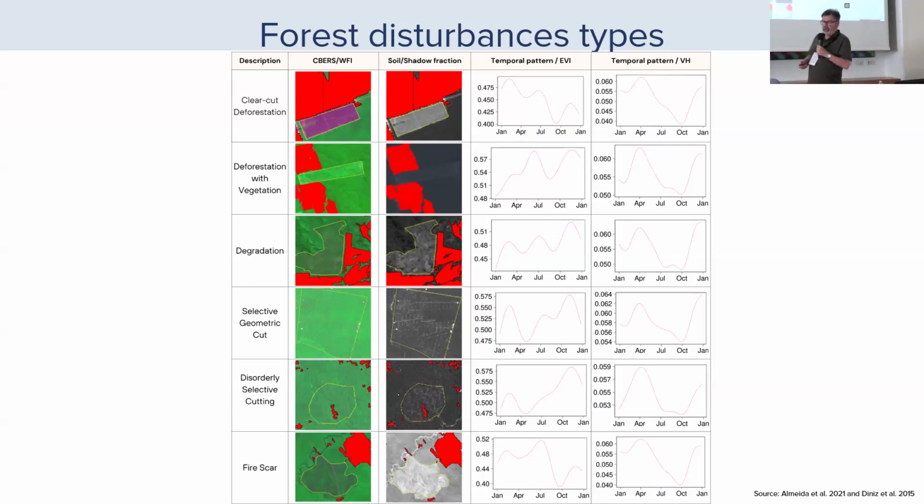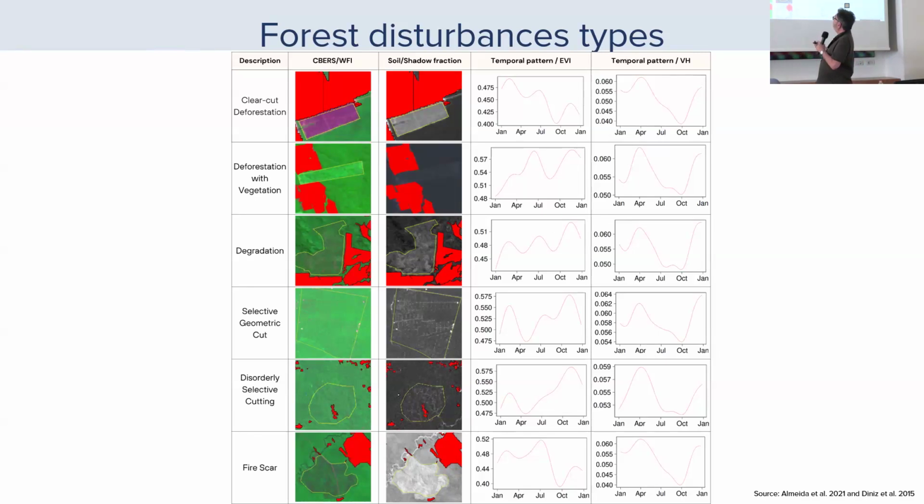More to it because it may happen that some people have deforested the area and left some vegetation. The job had not been completed because of lack of money, of time, or something. Or they may have removed part of the canopy cover, but left some of the canopy cover. We call this situation degradation.